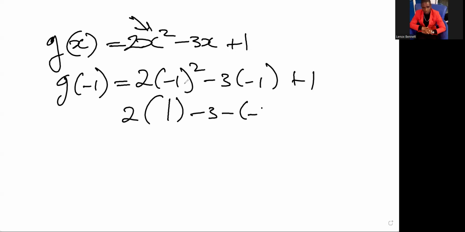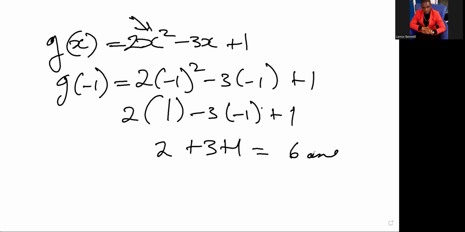Let me put this here, so hold on. So that means 2 times 1 is 2, 3 times 1, that's a positive 3, right? Negative times negative. So that gives a total of 6.